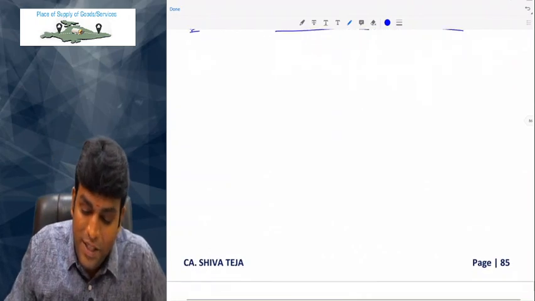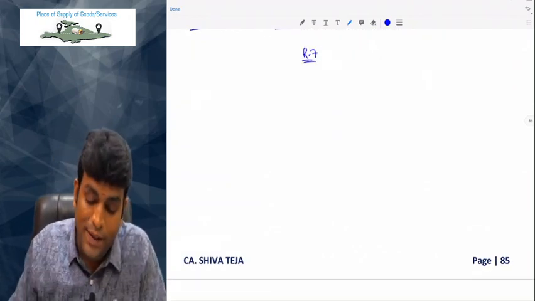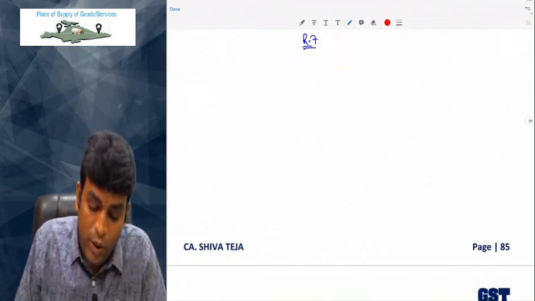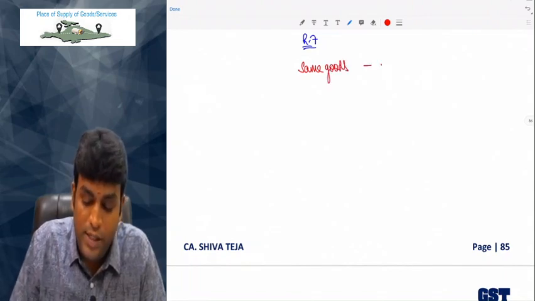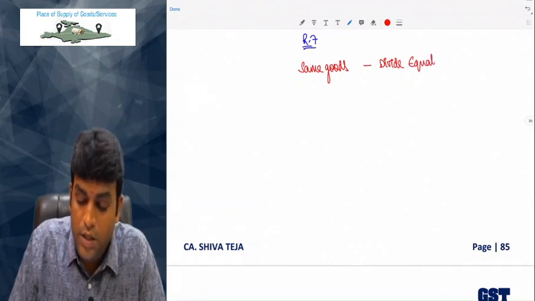So in simple effect, Rule 7 says, I want this in your book. Rule 7 says, for same goods, divide equally.